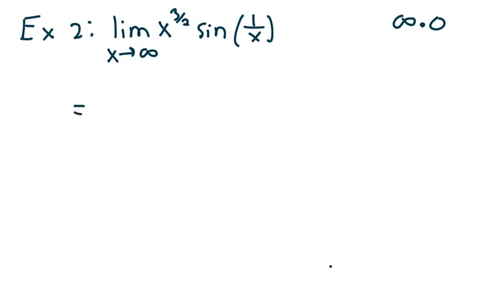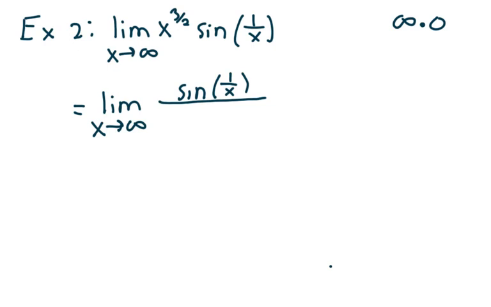So we want to be able to apply L'Hopital's rule, and so what I'm going to do is rewrite the limit this way. So now, I'm going to leave the sine of 1 over x alone. And then I'm going to use the fact that x to the 3 halves is 1 over x to the negative 3 halves. So I'm going to write that in the denominator like so. Okay?